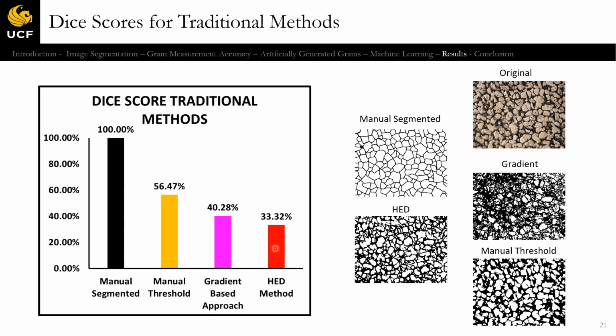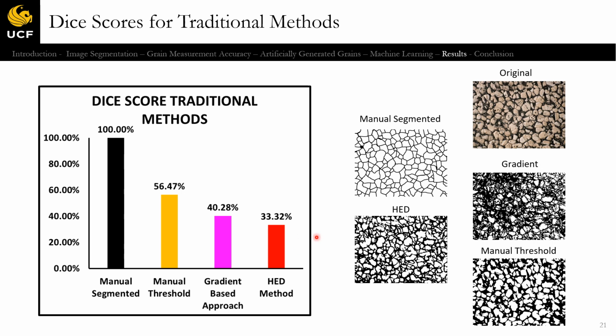That's not necessarily a good indicator of how well the HED method did, because the HED method scored the best on the actual grain measurements, but scored the worst on the dice score. So it's important to look at both of these accuracy quantification methods, with a machine learning scientist's hat on and a materials science hat on.